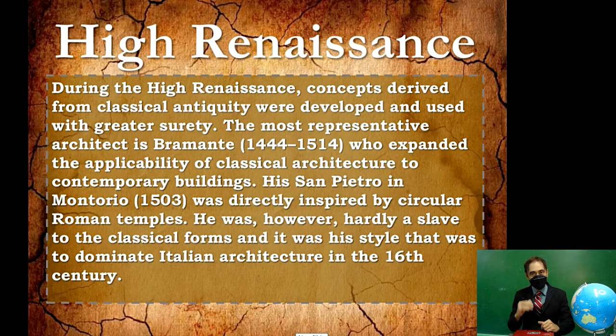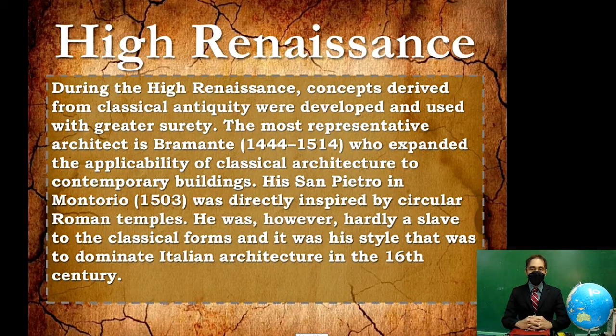During this High Renaissance, concepts derived from classical antiquity were developed and used with greater surety. The most representative architect is Donato Bramante, 1444-1514, who expanded the applicability of classical architecture to contemporary buildings.